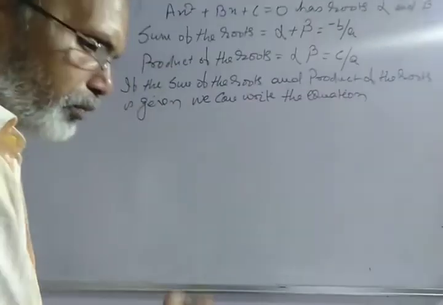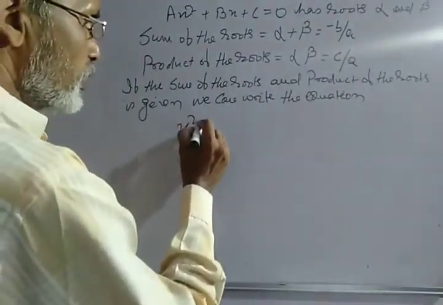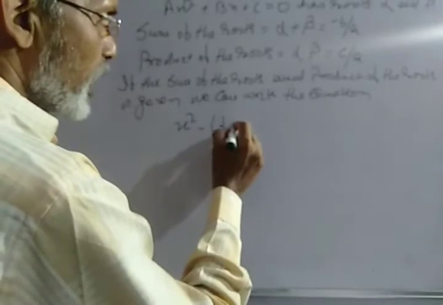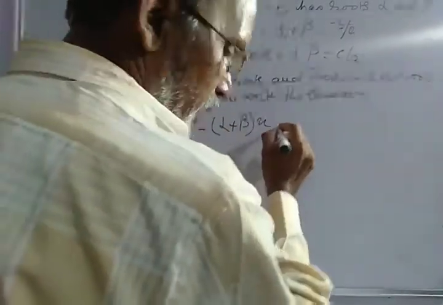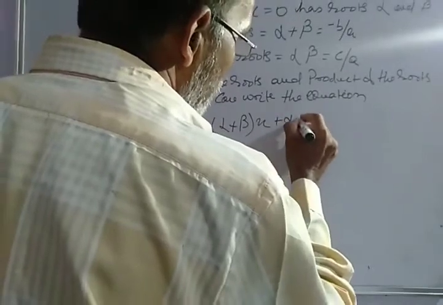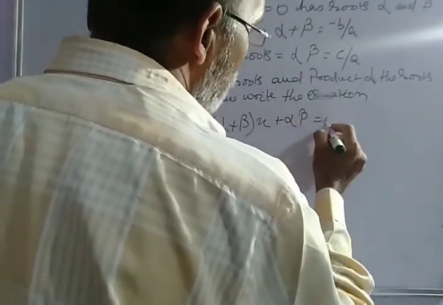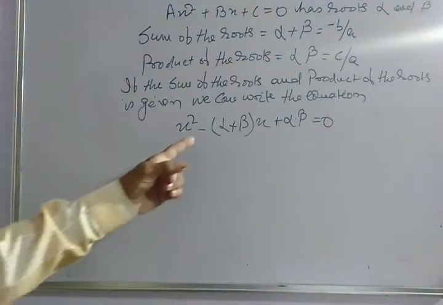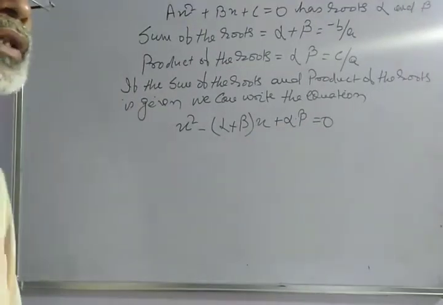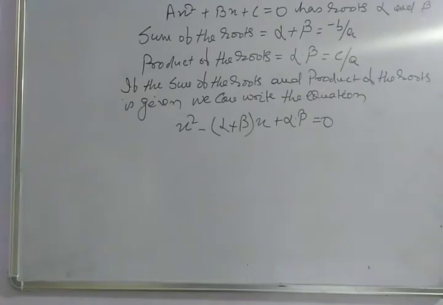The formula is x square minus (alpha plus beta) into x plus alpha into beta is equal to 0. This is the formula to find the equation if both the roots are given.